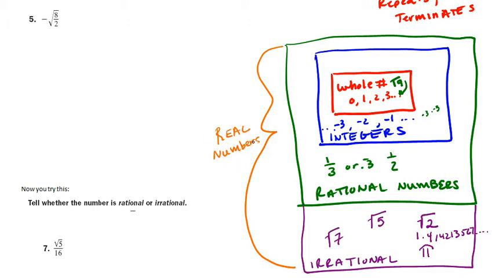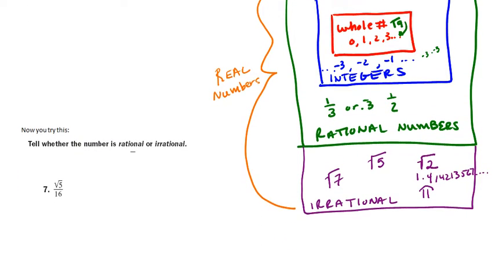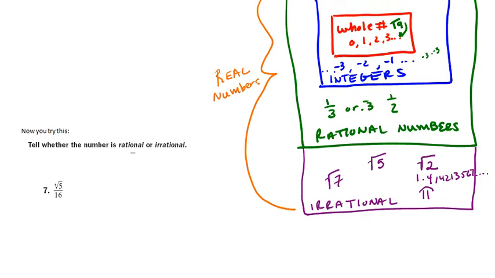Now, there's also another group of numbers that you don't run across very much, which we call imaginary numbers. Now let's think about what might be in an imaginary number.